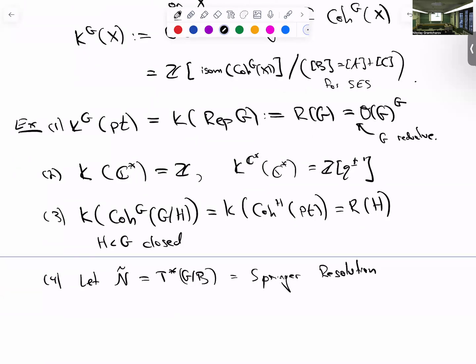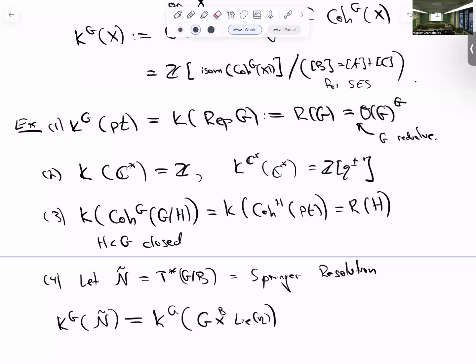And let's now compute. So we can rewrite T star G mod B as G cross the Lie algebra of B perp, namely N, over B. And then we can use fact 3 to sort of cancel the two G contributions.